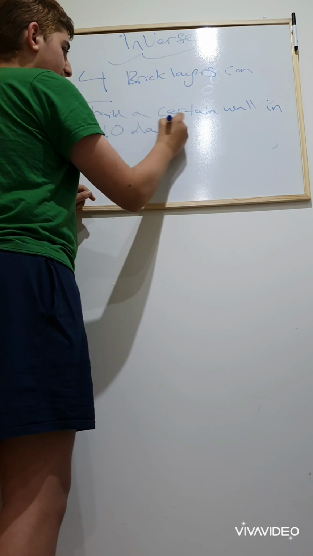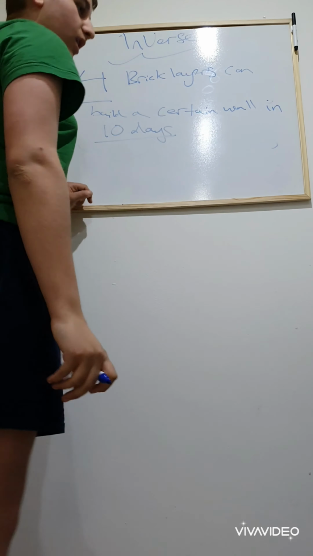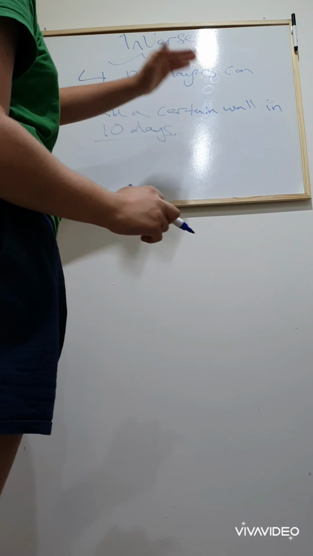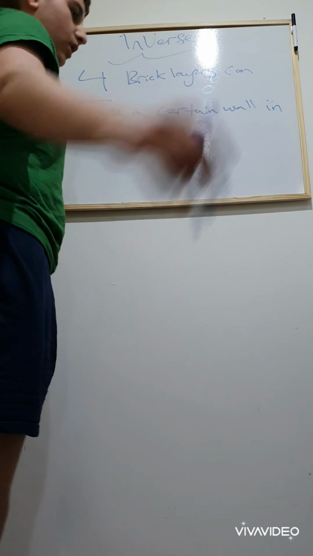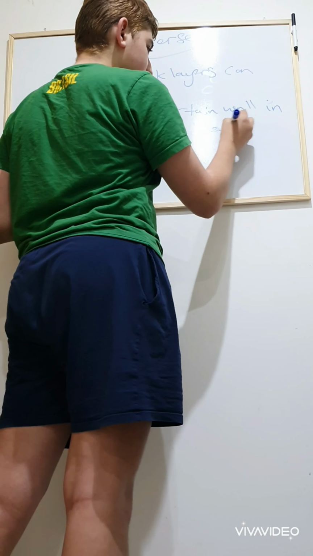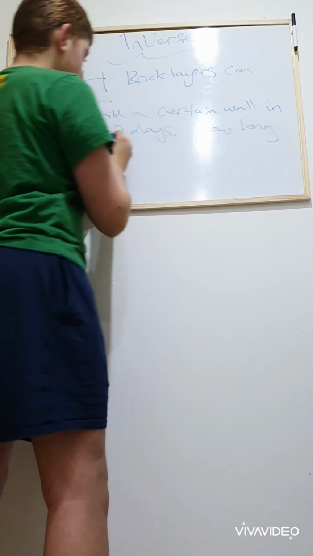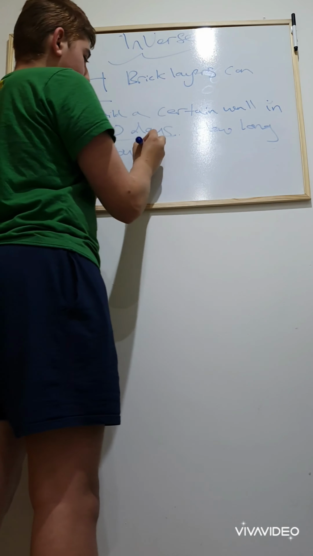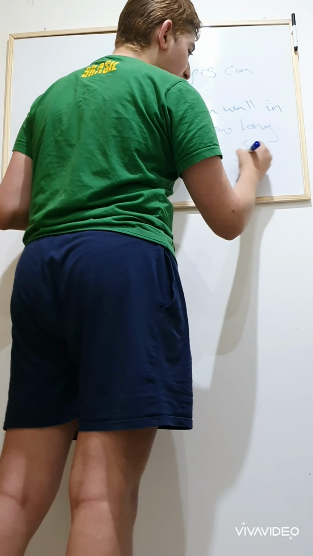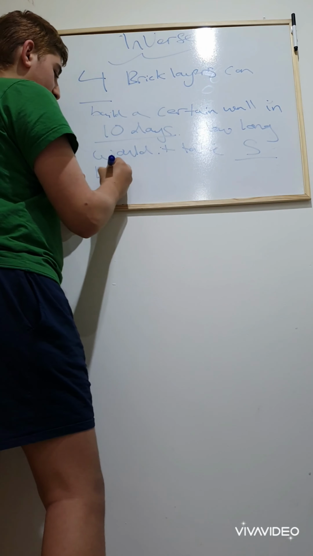Underline 10 days because that is an important key fact. Okay, 4 bricklayers can build a certain wall in 10 days. Okay, how long would it take 5, underline 5 bricklayers?